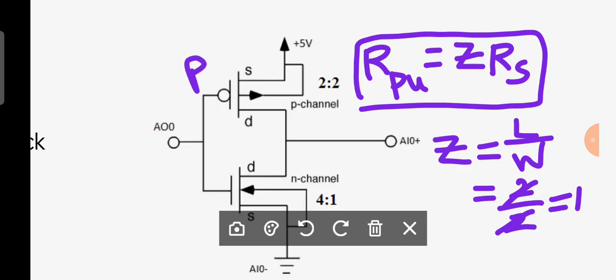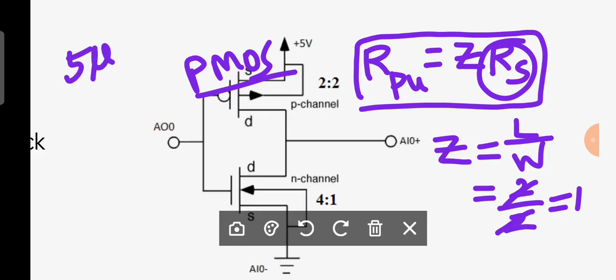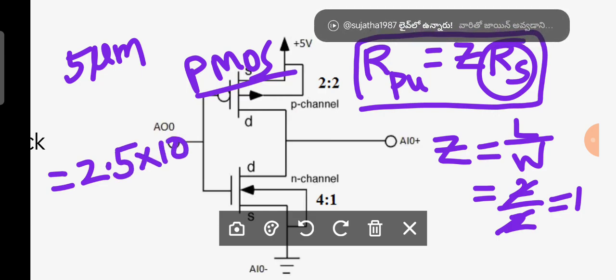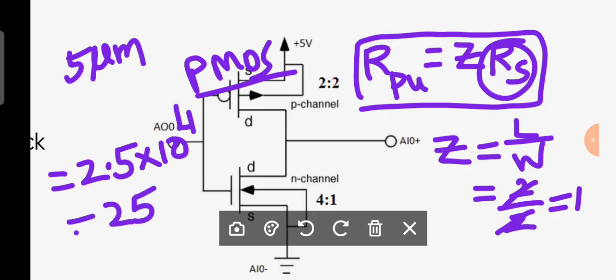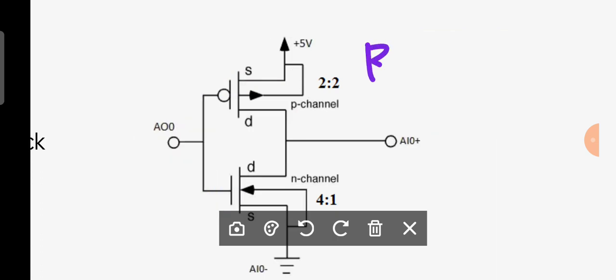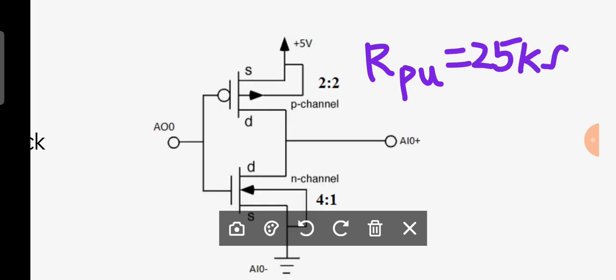Then for PMOS, what is the sheet resistance? Let us consider 5 micrometer technology. The sheet resistance is what? 2.5 into 10 to the power of 4. That means 25 kilo ohms. Therefore, I can conclude that RPU is equal to 25 kilo ohm.